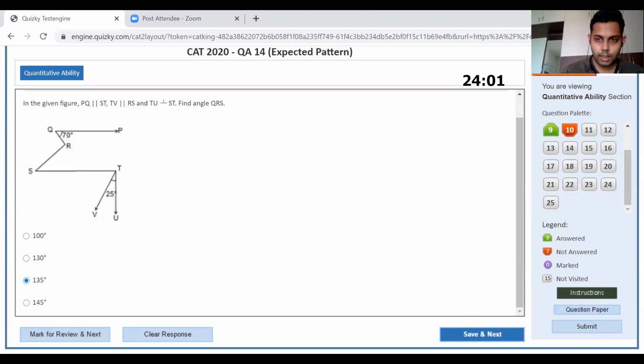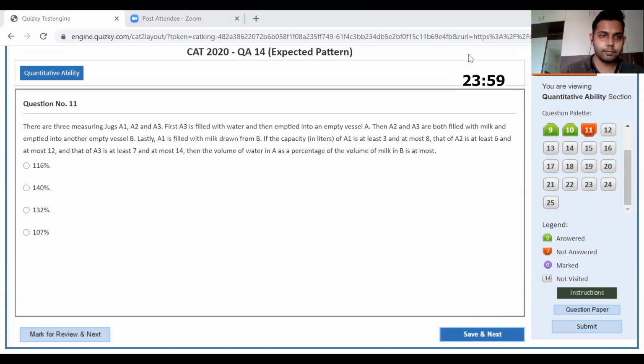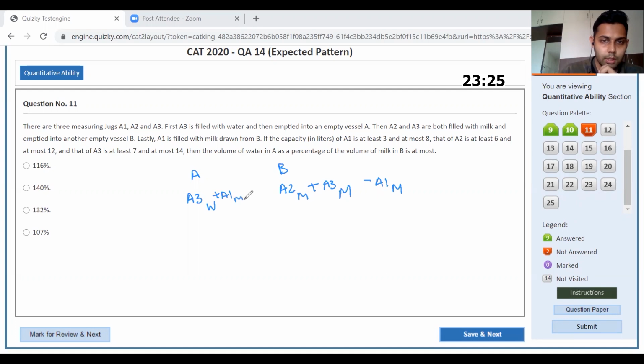This is question number 10. There are 3 measuring jugs, A1, A2, A3. A3 is filled with water and emptied into vessel A. So A has A3 water. A2, A3 are filled with milk and emptied in B. So B is A2 milk plus A3 milk. Lastly, A1 is filled with milk drawn from B. So minus A1 milk plus A1 milk.